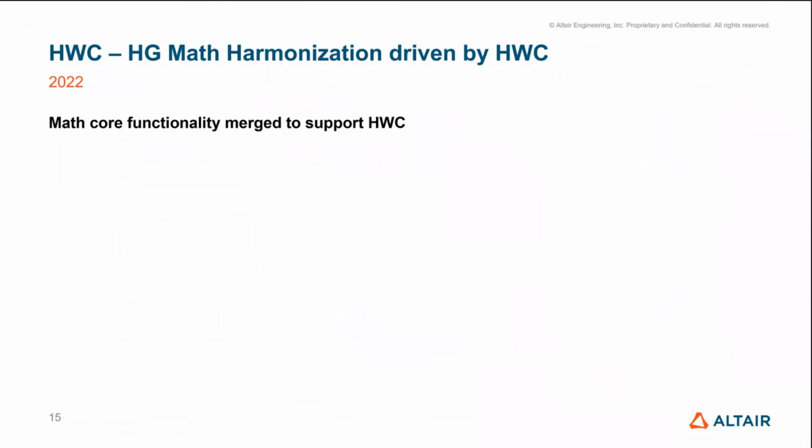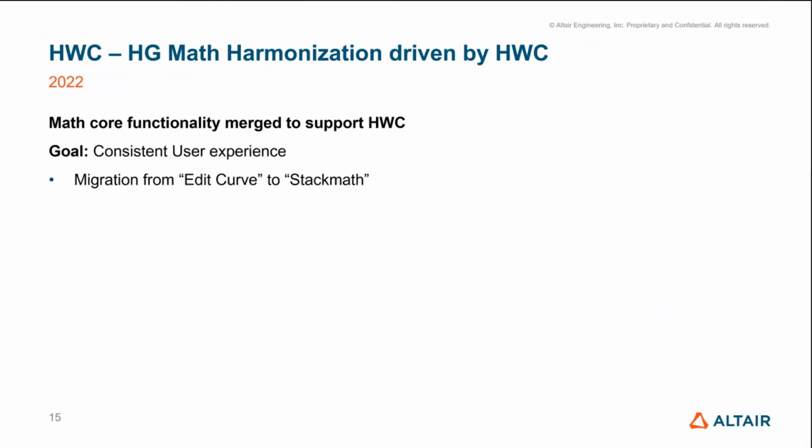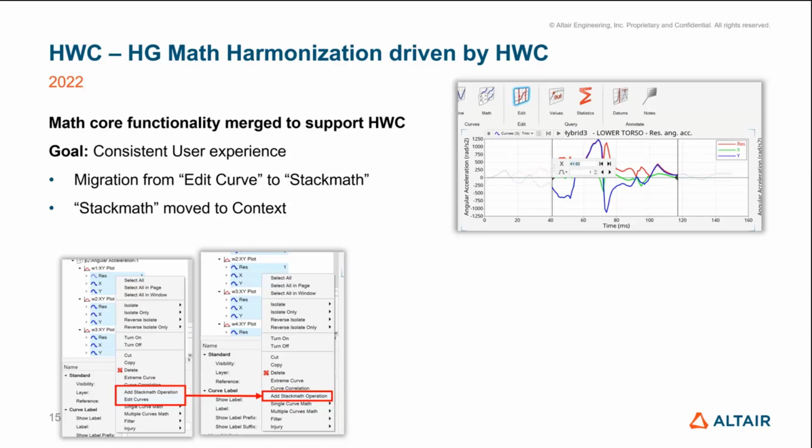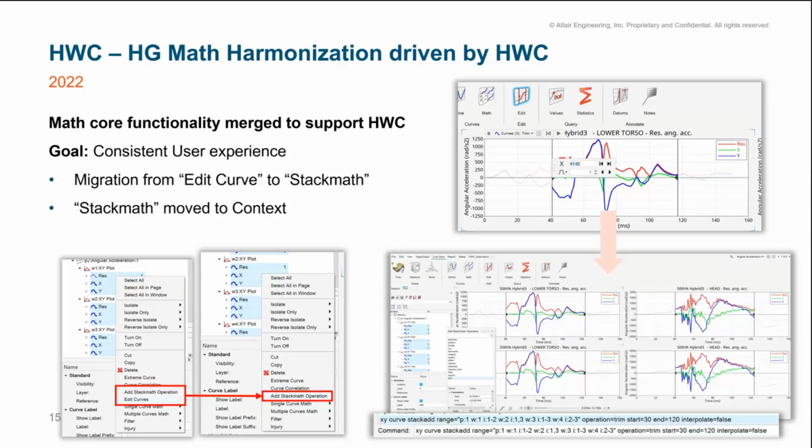So for 2022, I just want to show some of this stuff. HW2 has driven the need to combine edit and stack math operations. So stack math basically became a context, and this one has now, together with a still existing edit panel, exactly the same syntax.